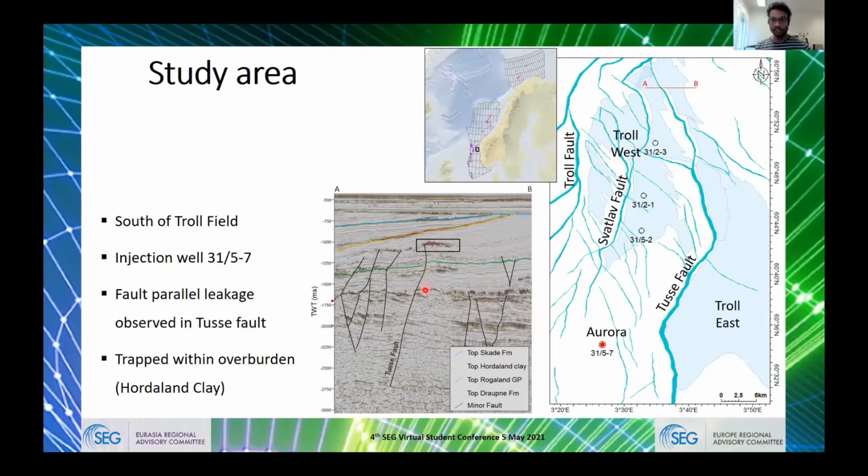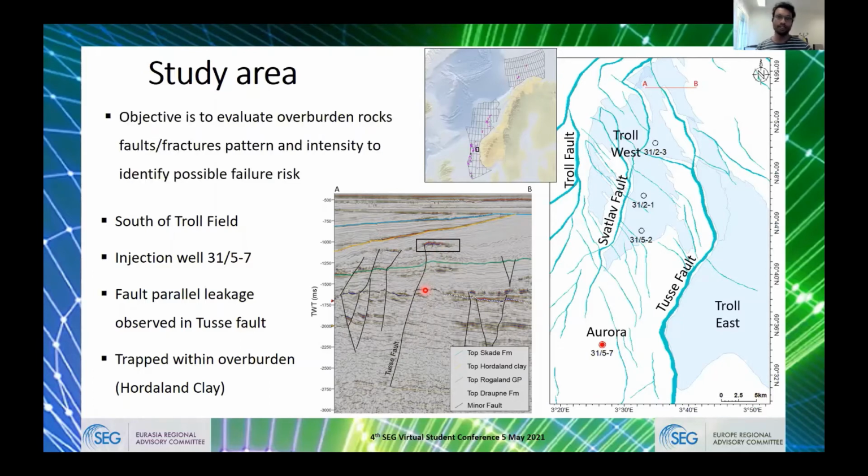So this is one reason we want to evaluate overburden rock fractures and fault pattern and intensity, to identify the possible risk when we inject CO2 in this area. That is the objective. Also, we use this gas chimney effect as an analog to evaluate the Aurora area.